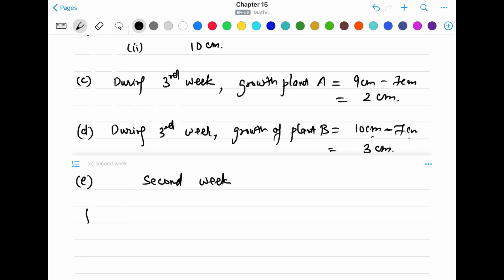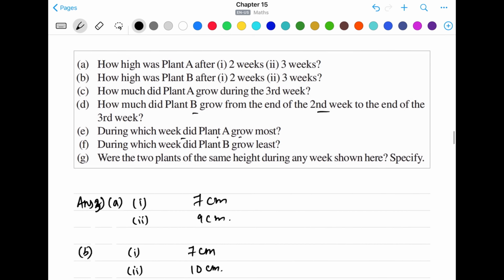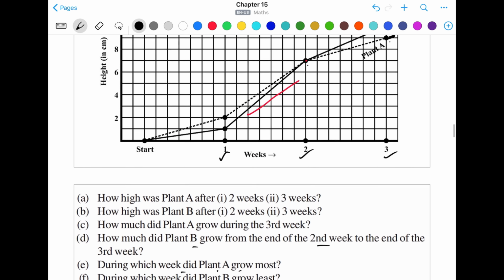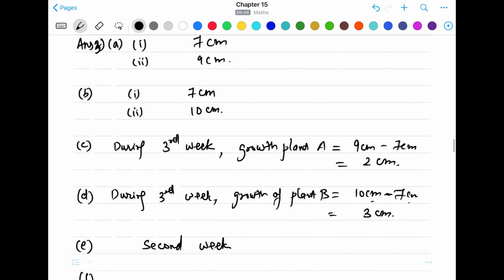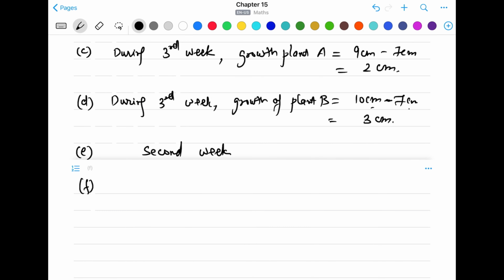Next is, during which week did plant A grow least. In the 1st week its length was 0 from the start, and after the 1st week the plant was only 1 centimeter. So during the 1st week it grew the least. Its answer is 1st week.